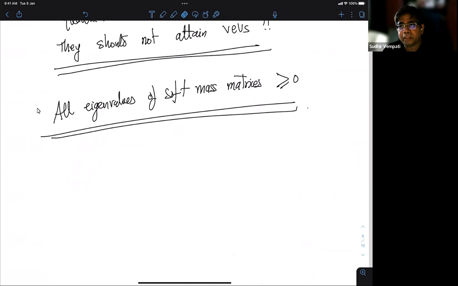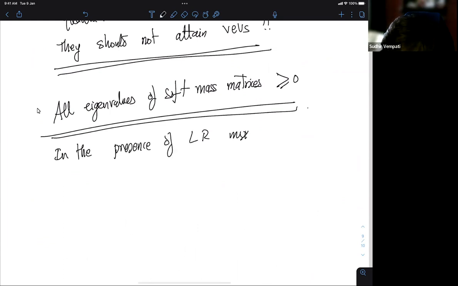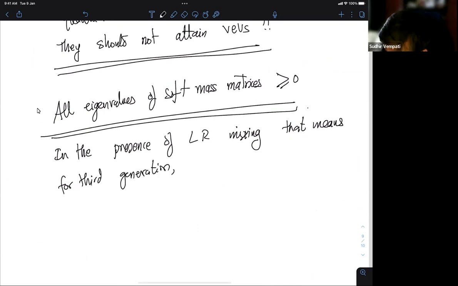You can write an analytical condition. You should not have any field direction in which, in the presence of left-right mixing, for the third generation, this condition becomes slightly complicated.